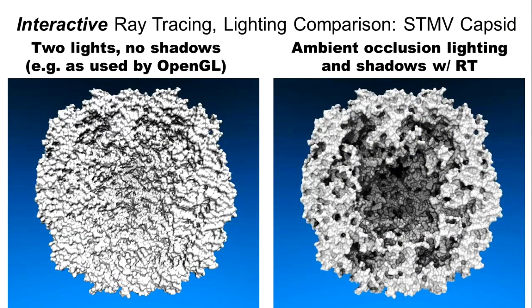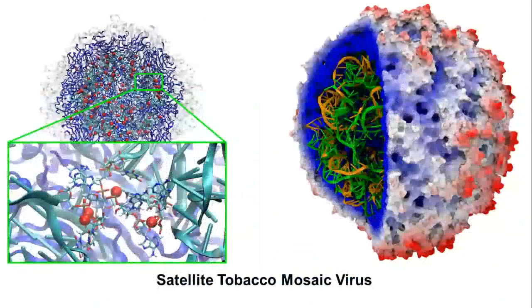Perhaps the most important thing about ambient occlusion lighting is the fact that the scientist who's generating these molecular graphics doesn't have to adjust anything to get that outcome. This is sort of an automatic mechanism. So by using the more advanced lighting model, the computer is working harder to give us a better image that's easier to interpret.